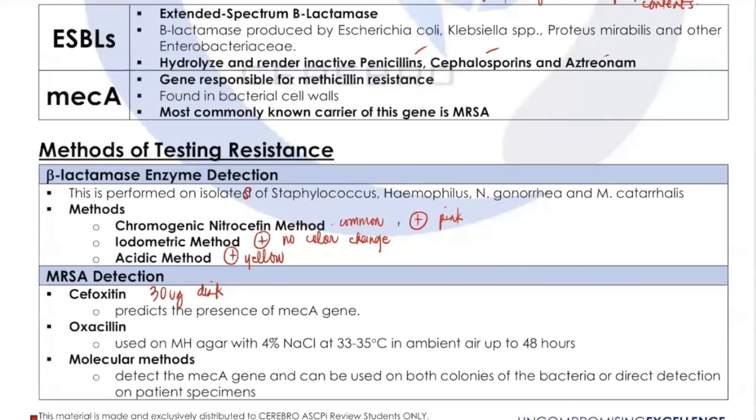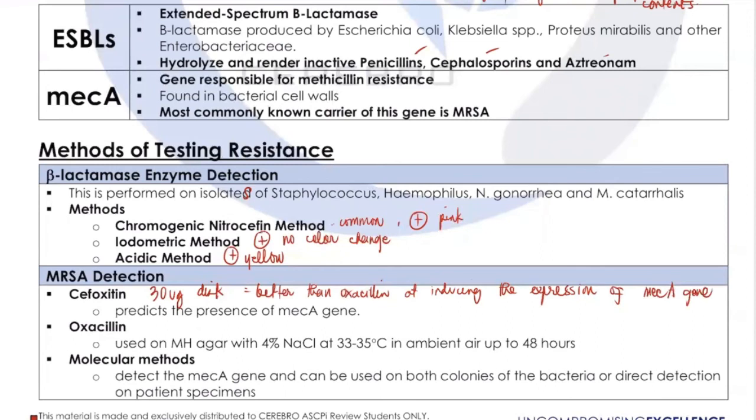So yung cefoxitin, this is better than oxacillin at inducing the expression of the MEC-A gene. Okay?